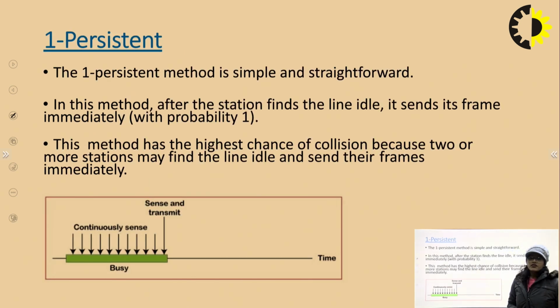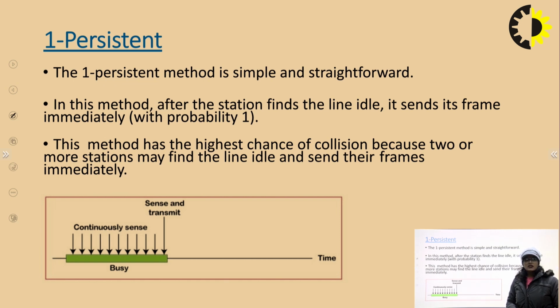First of all, we will talk about the one persistent method. This is very simple and straightforward, because in this method the devices connected to your shared medium continuously check the transmission medium to transmit data.